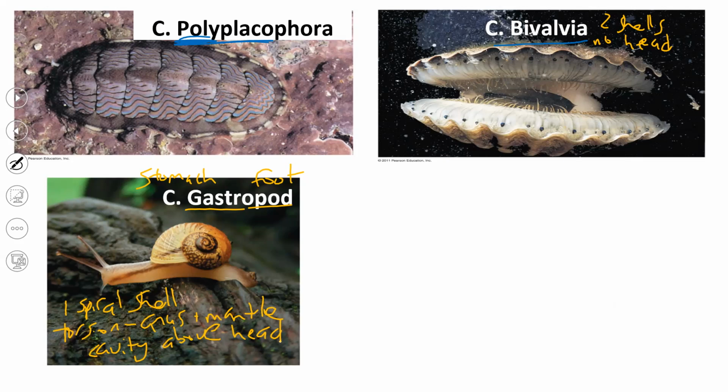So they have a radula that they can use to eat plants or algae. Some of them are actually parasitic, so they can bore holes into shells of other organisms. Some of these that are land organisms don't actually have gills.